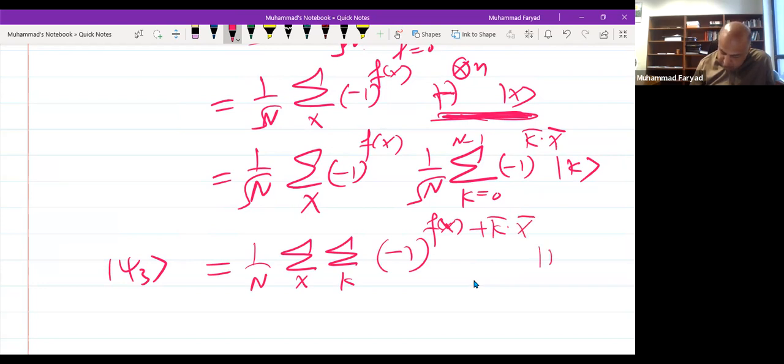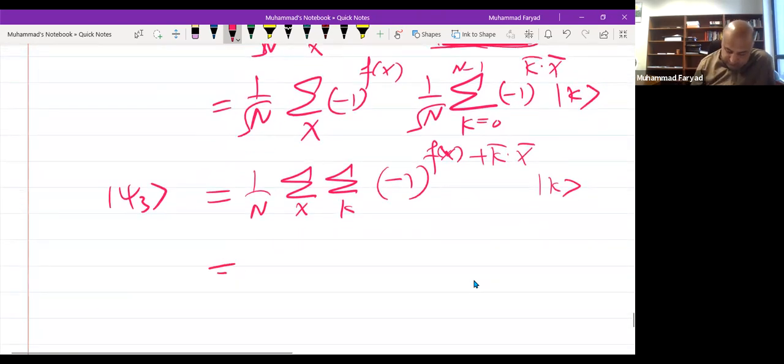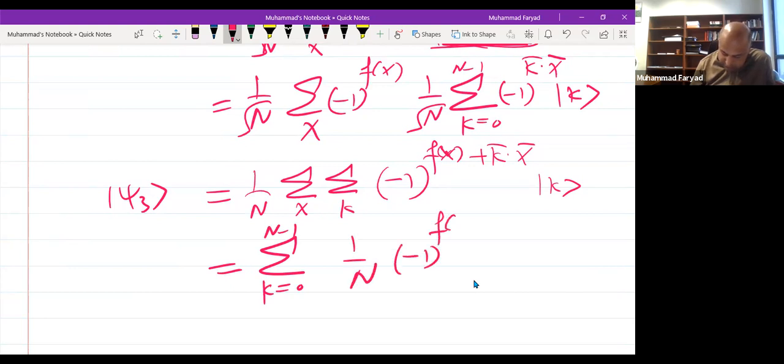Let me write it as sum over k from 0 to n minus 1, and combine everything else over here. And there is a sum over x here, and then there's this term.